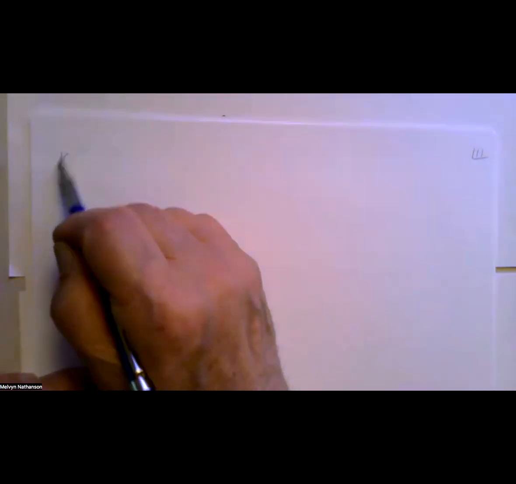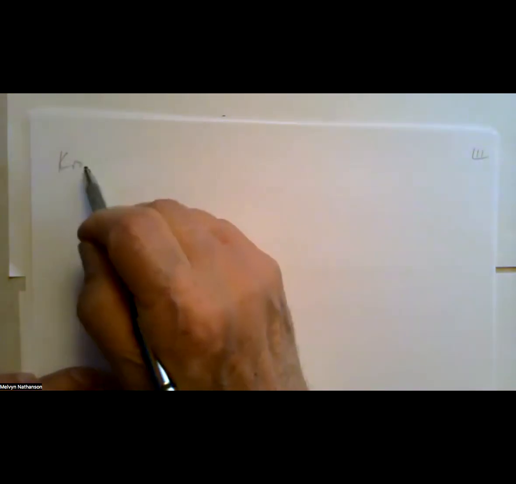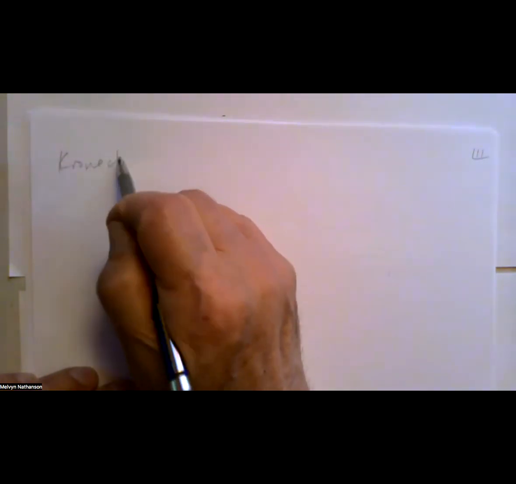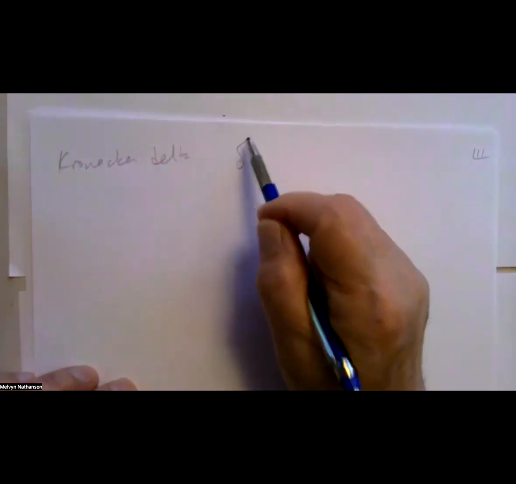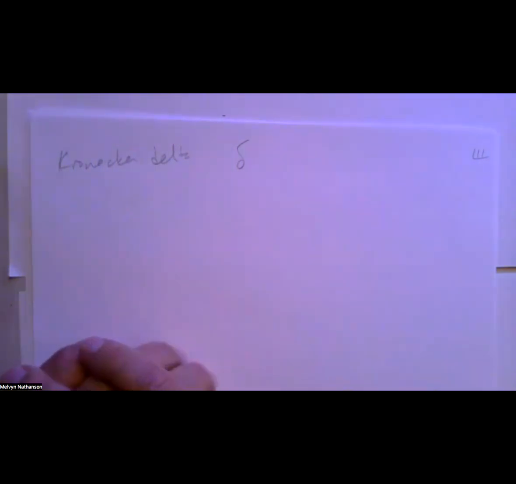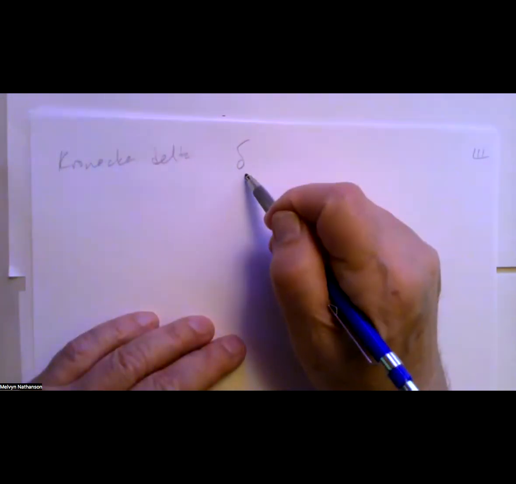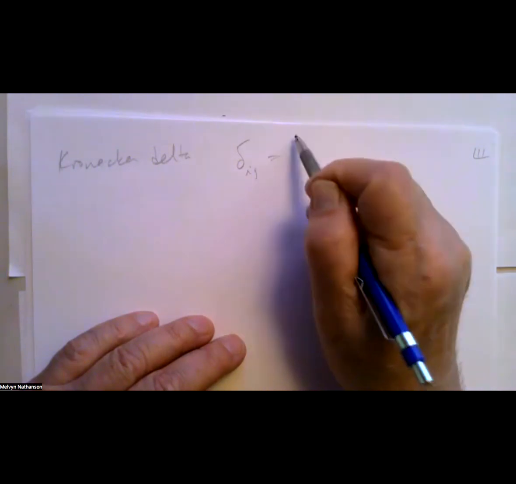There's a very useful symbol called the Kronecker delta. This is a lowercase Greek letter delta, and we give it two subscripts, i and j.